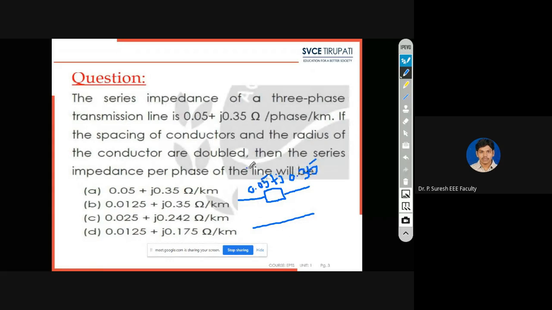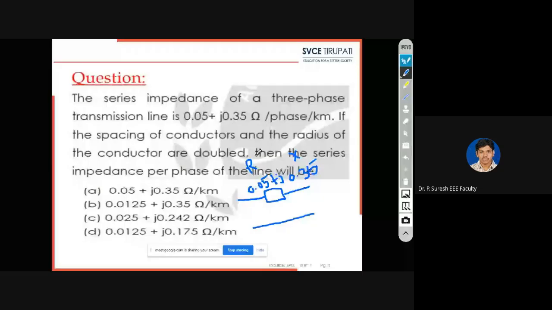So this is R, this is X. If the spacing of the conductor and the radius of the conductor are doubled, let us take D, the spacing, equal to doubled, and radius is also doubled.